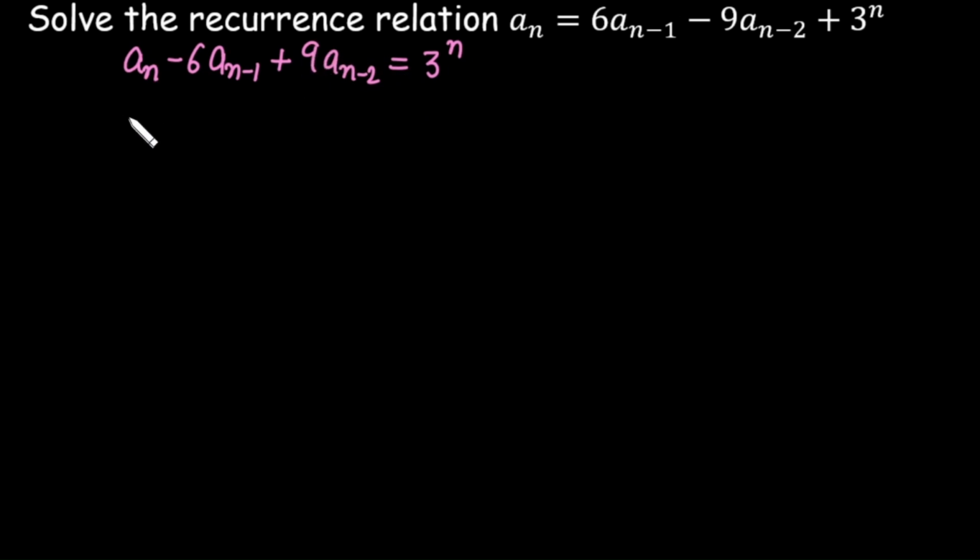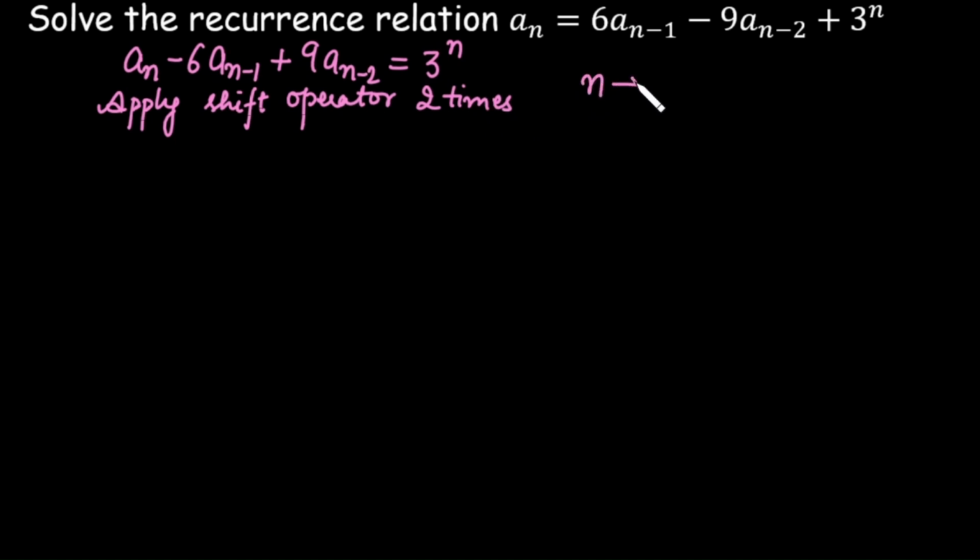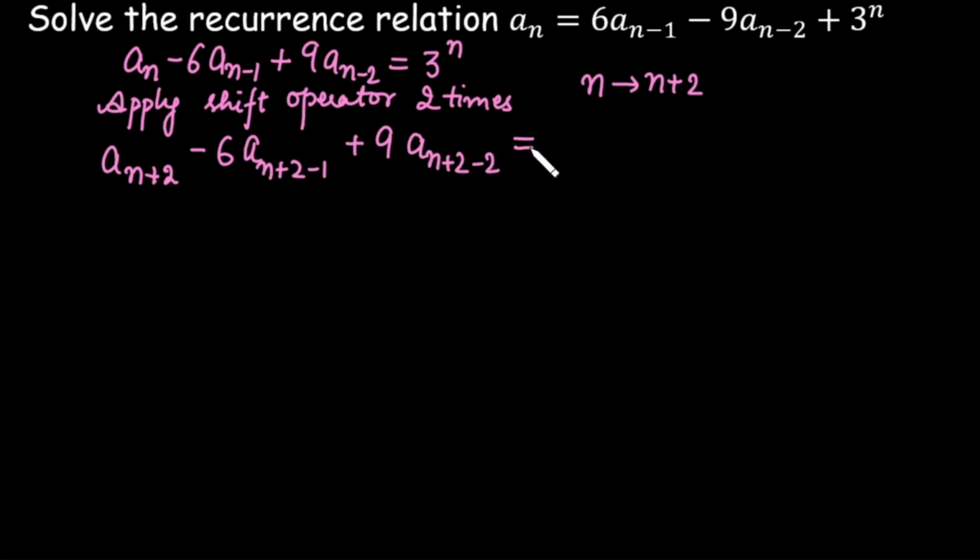So we will apply the shift operator 2 times. As per the shift operator, index n is replaced by n + 2. So we can write it as a(n+2) − 6 a(n+2−1) + 9 a(n+2−2) = 3 raised to power n + 2.